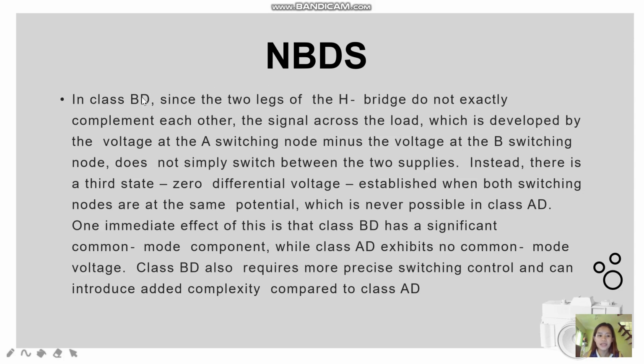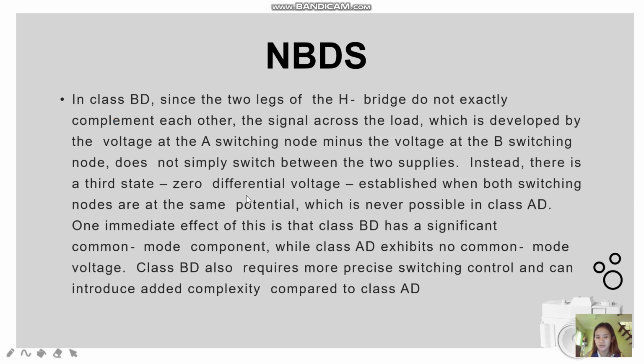Now, in NBDS and class BD, since the two legs of each bridge do not exactly complement each other, the signal across the load, which is developed by the voltage at the A switching node minus the voltage at the B switching node, does not simply switch between the two supplies. Instead, there is a third state, zero differential voltage, established when both switching nodes are at the same potential, which is never possible in a class AD.